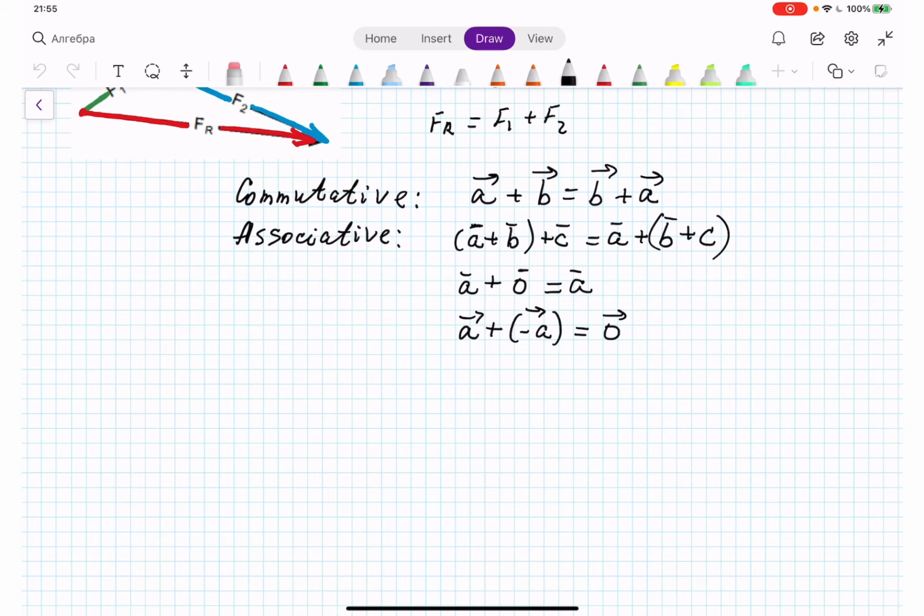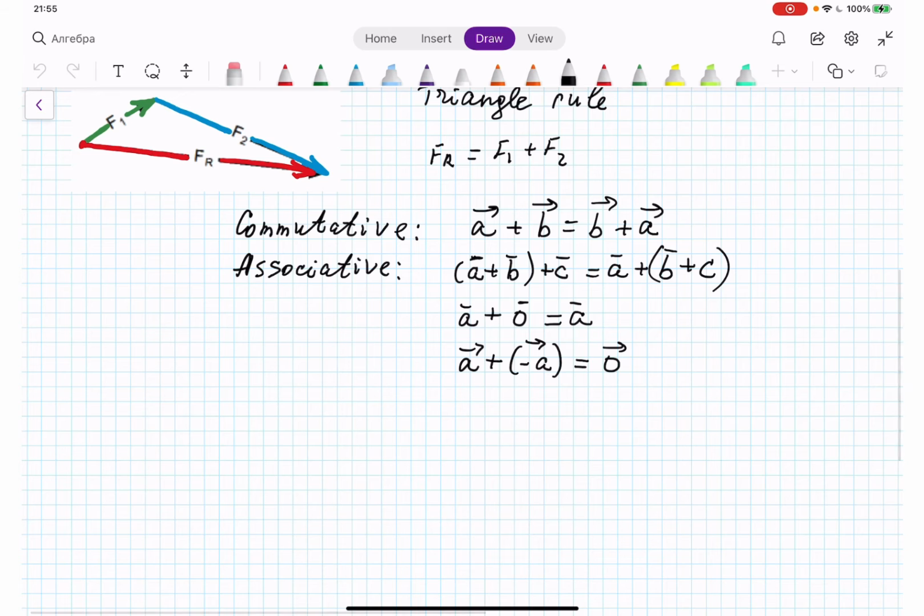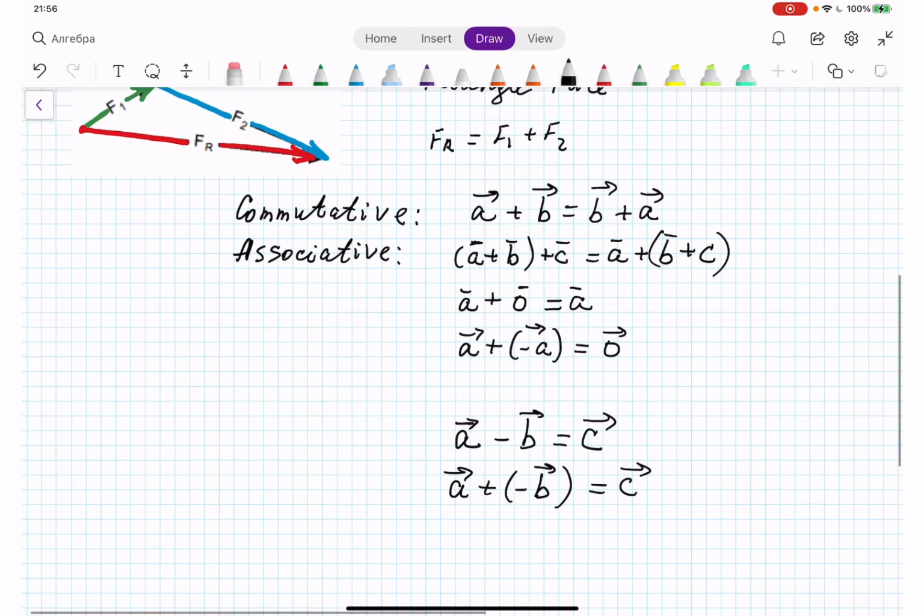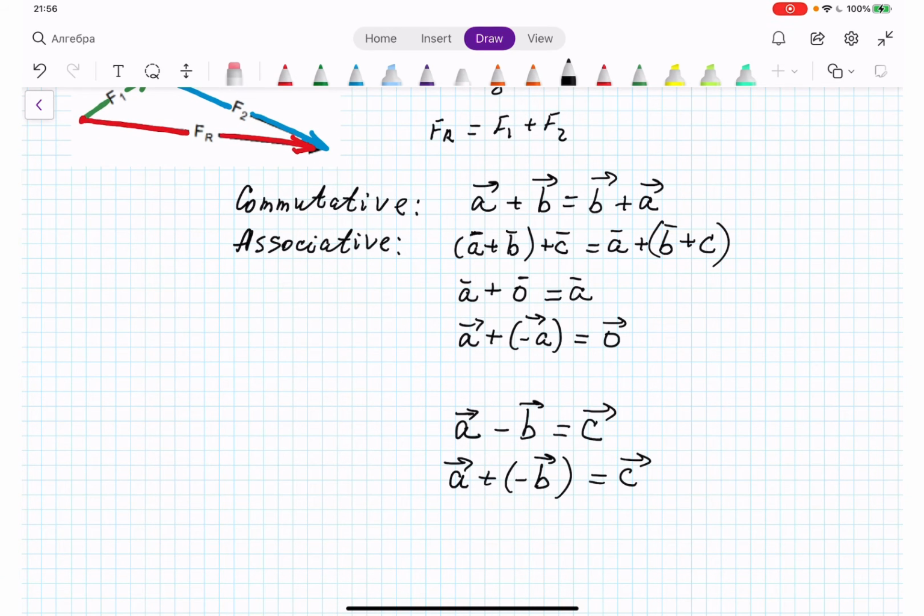Let's say we want to do vector A minus vector B is equal to C. What I'm going to do, I can represent it as A plus negative B, which means it's going to be the opposite direction, right? And it's going to be equal to C.